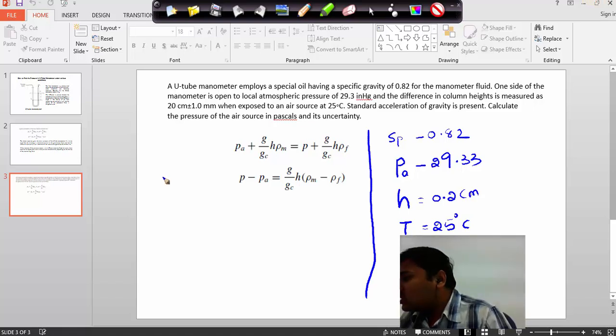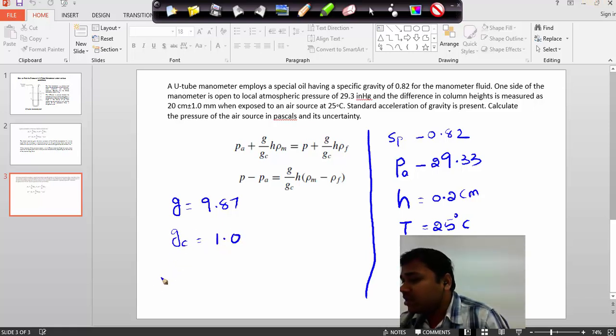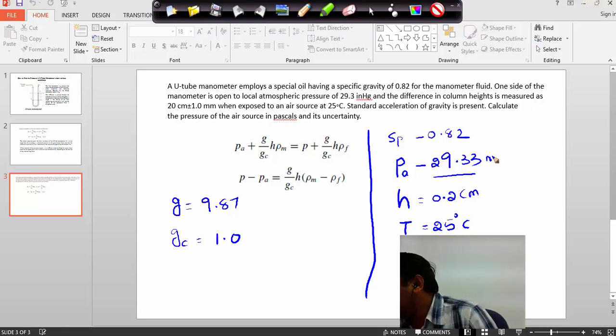Hence, as we know from this formula, since they have taken standard acceleration, the gravity of the earth is 9.87, whereas gc we have taken the reference as 1.0, and the H we have taken 0.2, where the pressure PA they have given in terms of mm of Hg. We need to convert mm of Hg into Pascal.